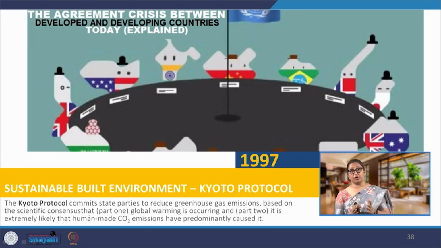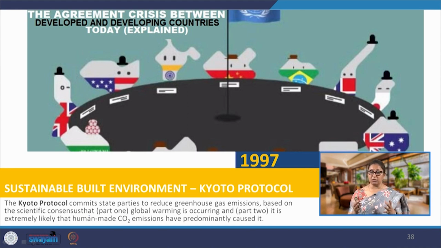Then the Kyoto Protocol came into effect in 1997. The foundations for this were laid in 1992 in the Earth Summit. Finally, it came into effect in 1997 and it was finally agreed upon in 2002 when there were a sufficient number of parties, the countries which agreed to sign on.